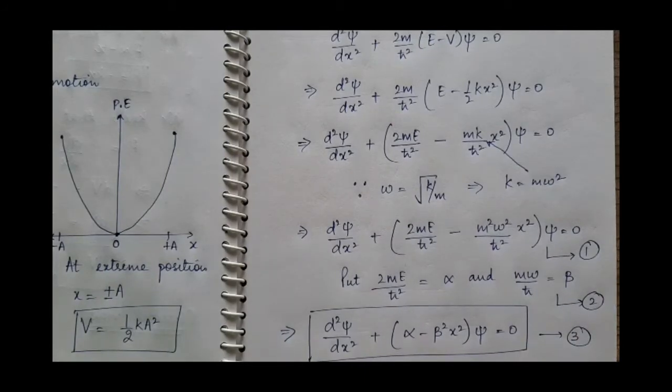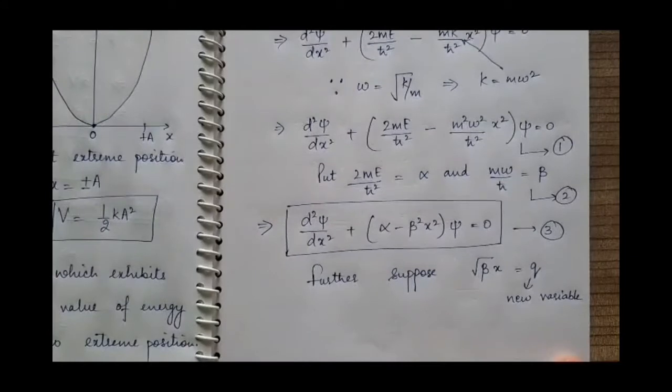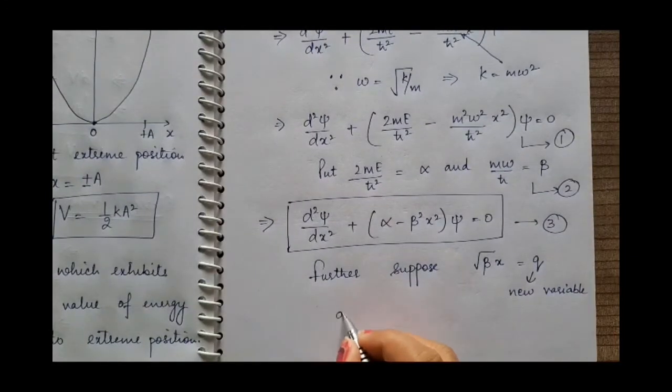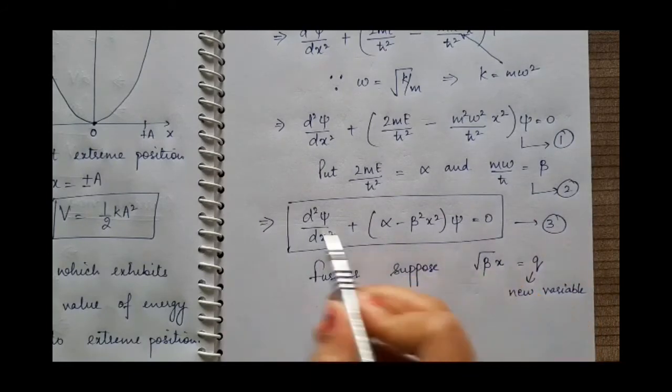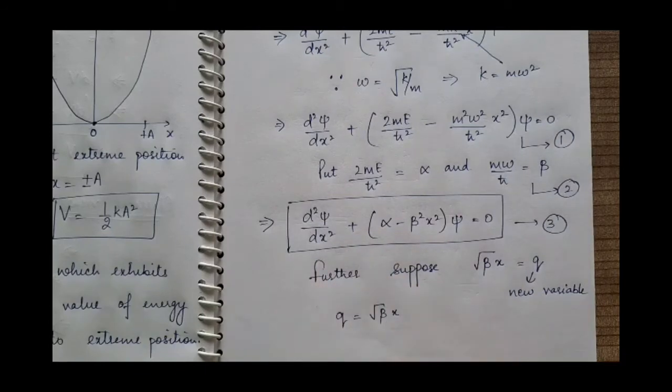Now further suppose that root beta x is equal to some new variable, that is q. Here q is the new variable. So we have q is equal to root beta x. We have to find the value of psi and d square psi by dx square.